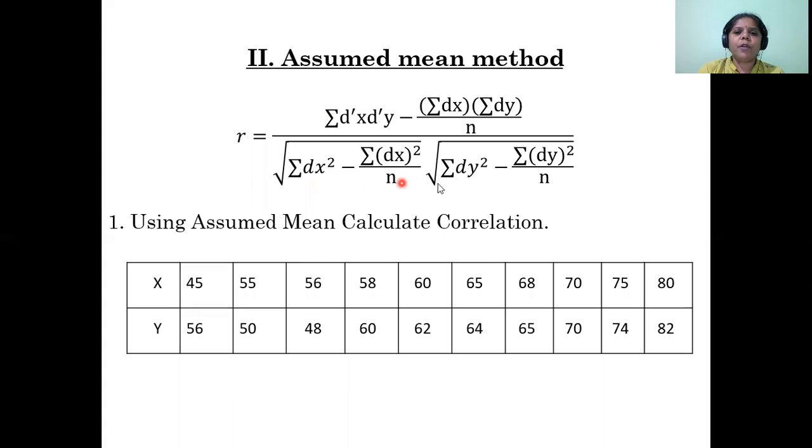This is the formula for computing the correlation coefficient under the assumed mean method.